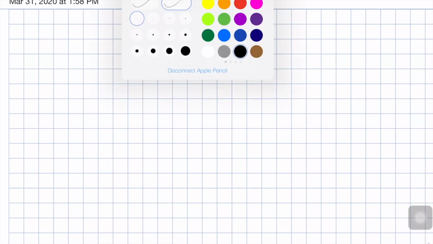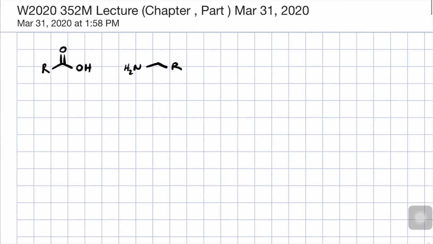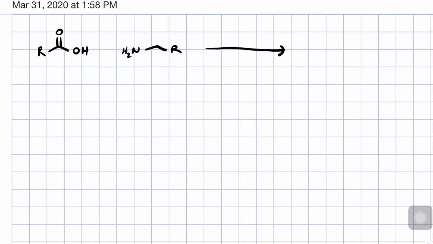Long ago, we talked about how to make amide bonds. And recall that we said, and actually this was a problem on exam 2, that in order to make an amide bond between an amino group and a carboxylic acid, we needed some reagent that could turn the OH into a good leaving group that does not have an acidic proton.